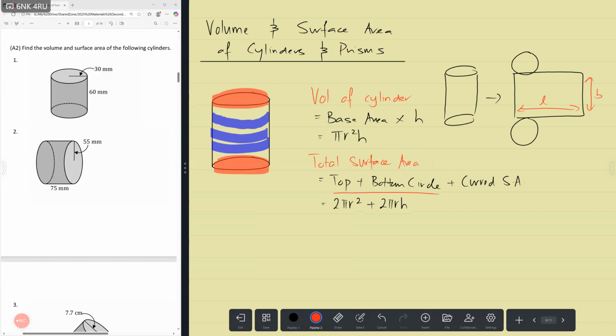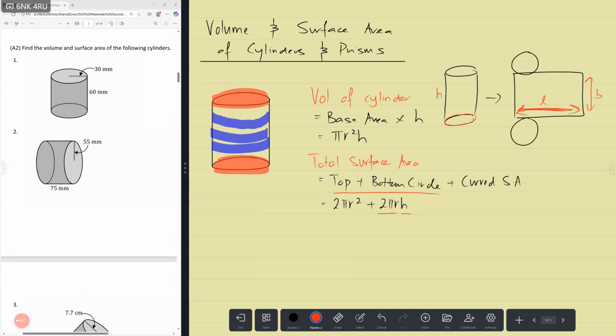So the breadth of the rectangle is simply the height, while the length of the rectangle is actually the circumference of the circle. That's how we get our 2 pi r. 2 pi r is the circumference, and then multiply by h to get the curved surface area of our cylinder.